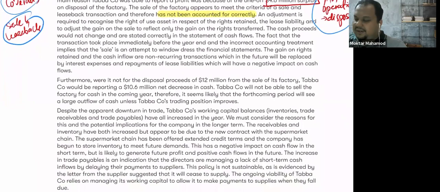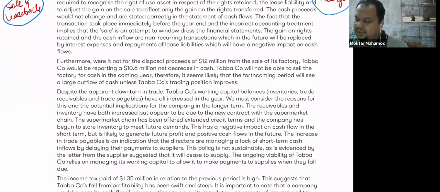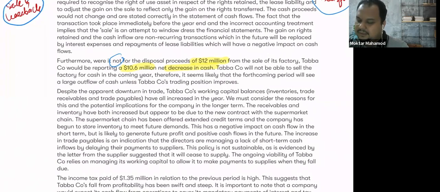So the third paragraph, they highlight on the, were it not for the disposal proceed 12 million, Taba would reporting 10.6 million net decrease in cash. Maksudnya dia bagi, for example, implication if no disposal.